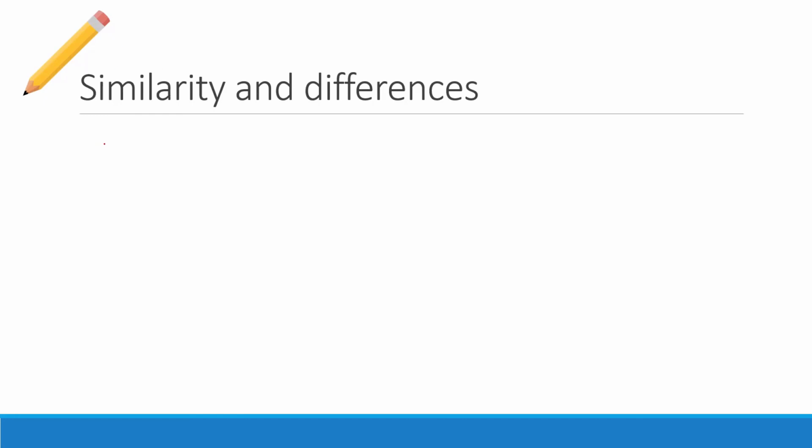So what is similar between a solution and a suspension? The thing that is similar between a solution and a suspension is they're both liquid. That's one of the easiest ways. They both can be liquid. They're also both mixtures.